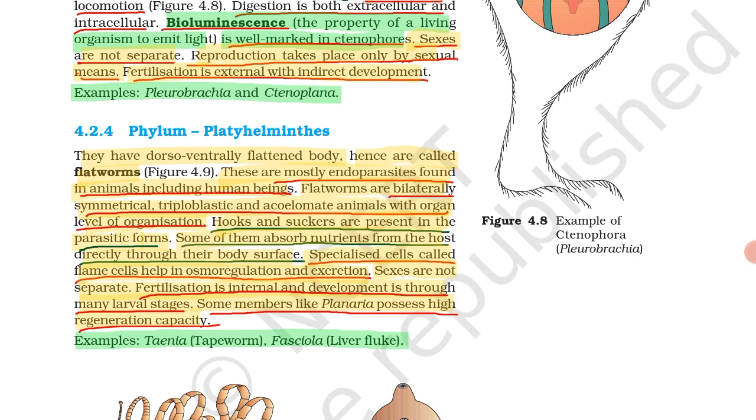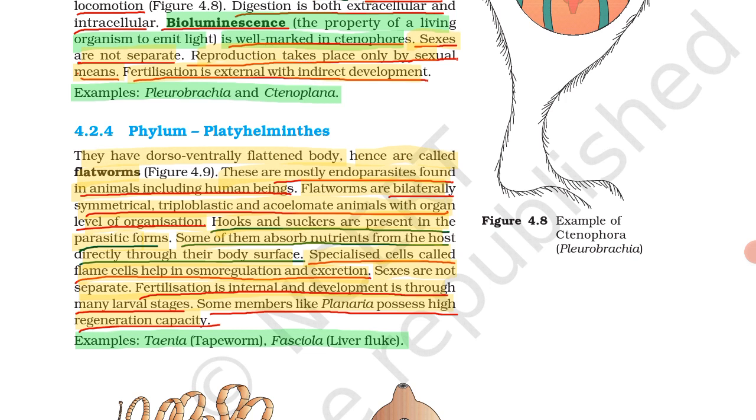Some of them absorb nutrients from the host directly through their body surface, through the intestine.